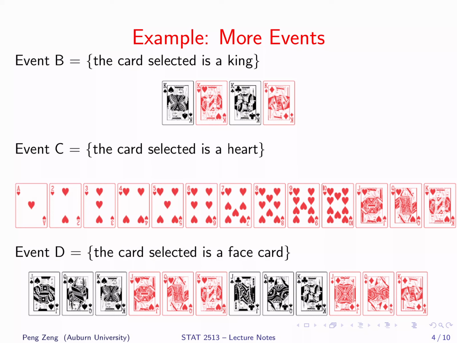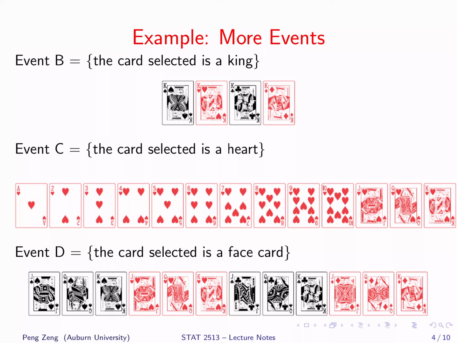We know that there are 4 kings in a deck of playing cards, 1 king for each suit. Therefore, event B contains 4 members. Event C means that the card selected is a heart. Each suit contains 13 cards, from 1, 2, and up to king. Hence, event C contains 13 elements.